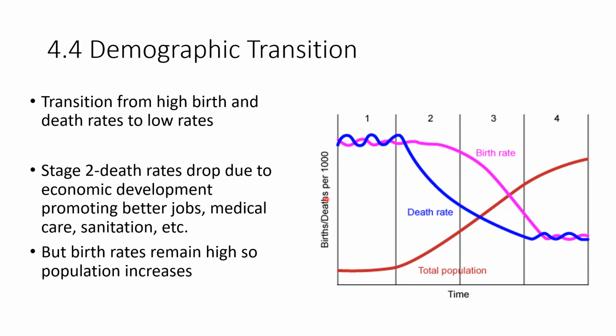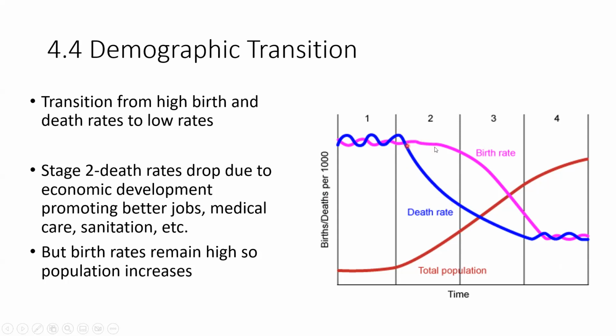we start to see a decrease in death rates, and this could be due to the medical advances we talked about, better sanitation, better food production, maybe more nutritious food, for example. So we're going to see that death rate decrease.